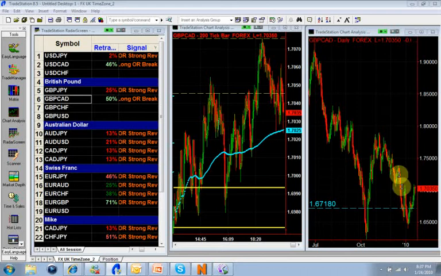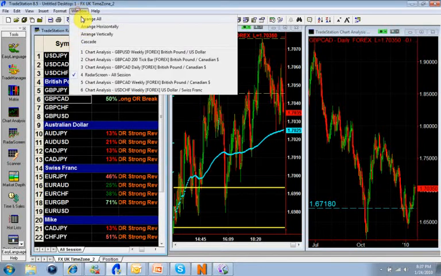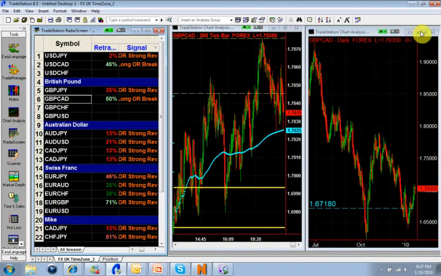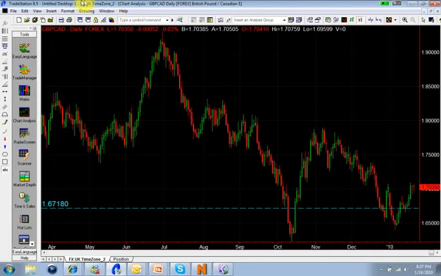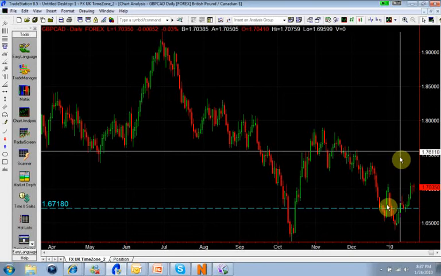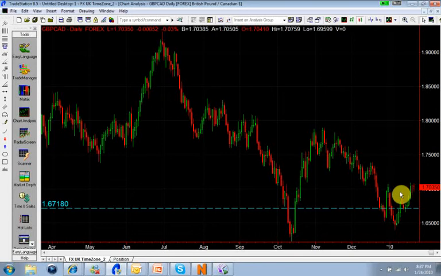So you can see what would appear to be the pound strengthening versus the Canadian dollar, but this is not really the pound strengthening versus the Canadian dollar. Rather, it is the weakness that's coming into the Canadian.